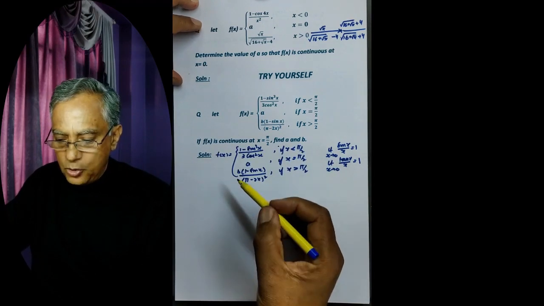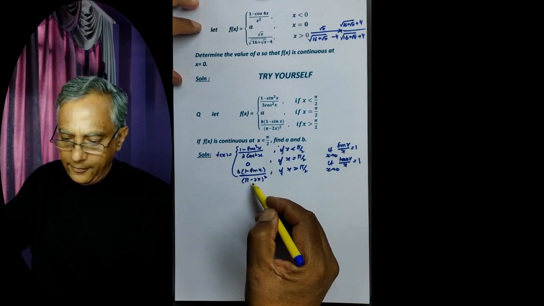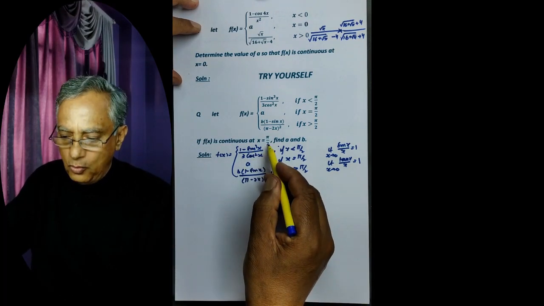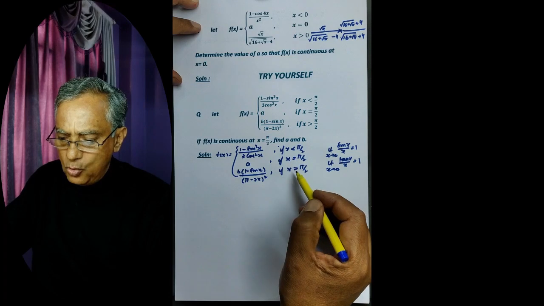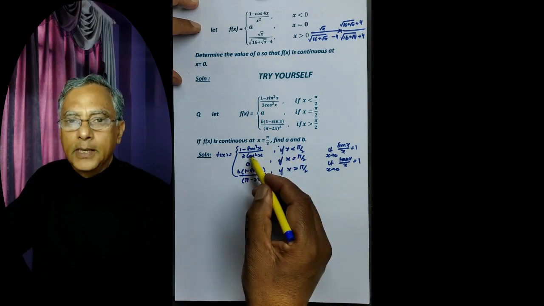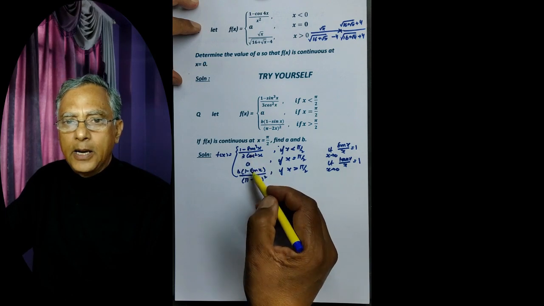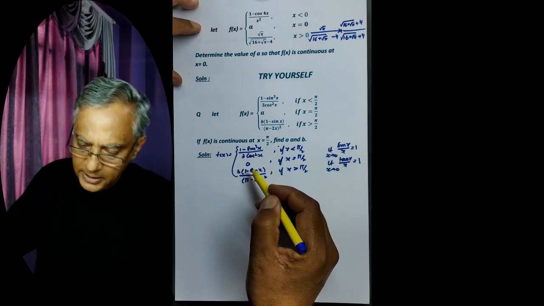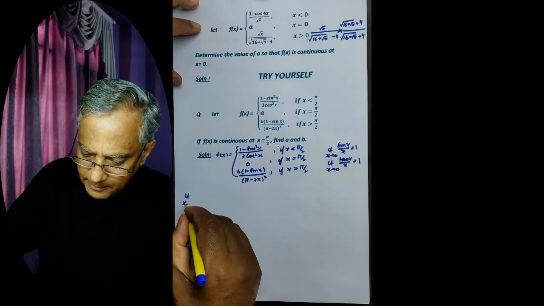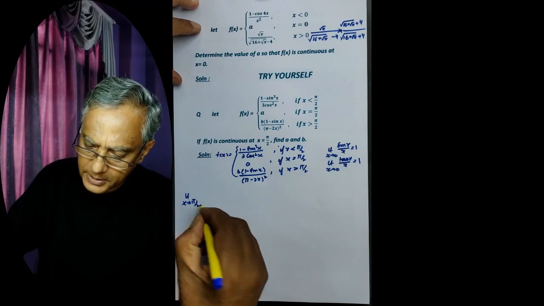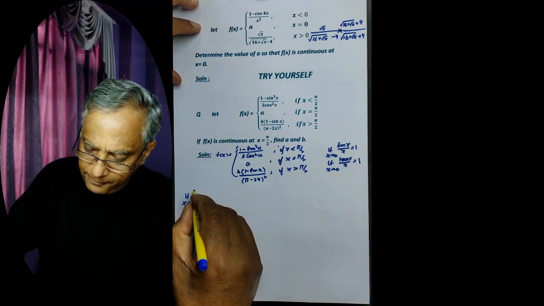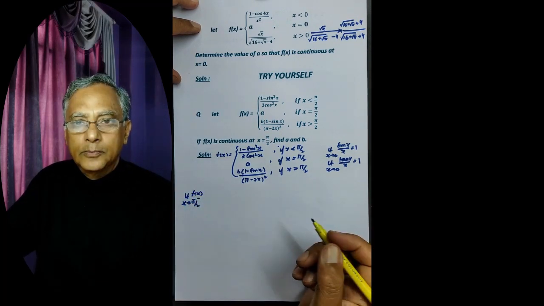Now f(x) is given to be this and we have to discuss the continuity at the point x equal to pi by 2. For x greater than pi by 2, we have this definition. For x less than pi by 2, we have this definition. So we must consider left and right limits separately. So what we do is, first limit x approaches pi by 2 from, say, first I take negative side, f(x).